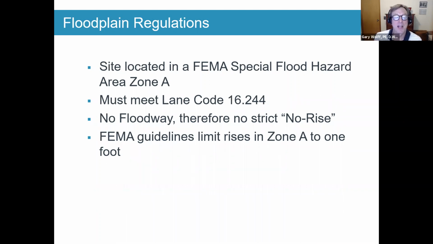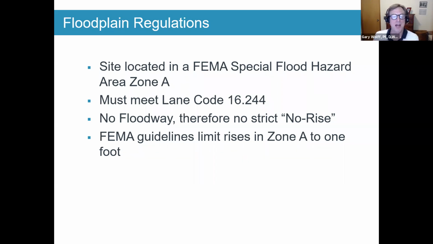Now, what about flooding? This site is in a FEMA Zone A. Since it's in a FEMA flood zone, special flood hazard area, we must meet local floodplain regulations, which are in Lane County Land Use Code 16.244. Because this is a proximate Zone A, if you're familiar with floodplain regulations, there is no regulatory floodway up in this rural area, so we don't have to meet a strict no-rise.